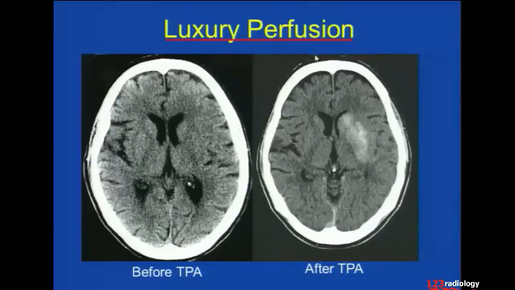So this is actually leakage of contrast material into the infarct very early on. It doesn't represent hemorrhage. And I know this from experience, from having seen a number of these cases over the next 24 hours start to lose the high density, which indicates that it's not hemorrhage, but instead now the contrast material is being washed out. So be aware that that can occur after TPA is administered.